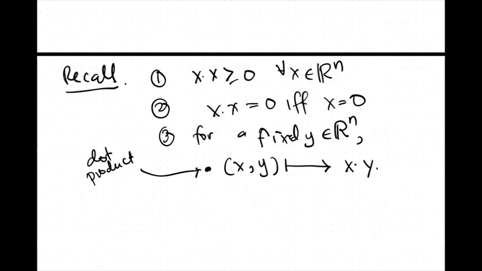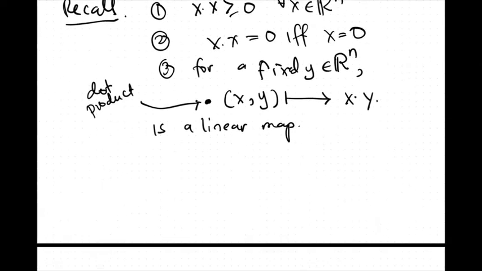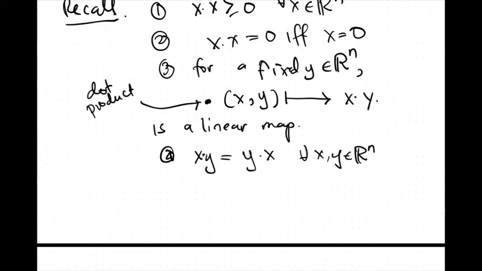This is a linear map. And lastly, x dot y is equal to y dot x for all x and y in Rn. So these are the familiar properties of the dot product on the set of ordered n-tuples.